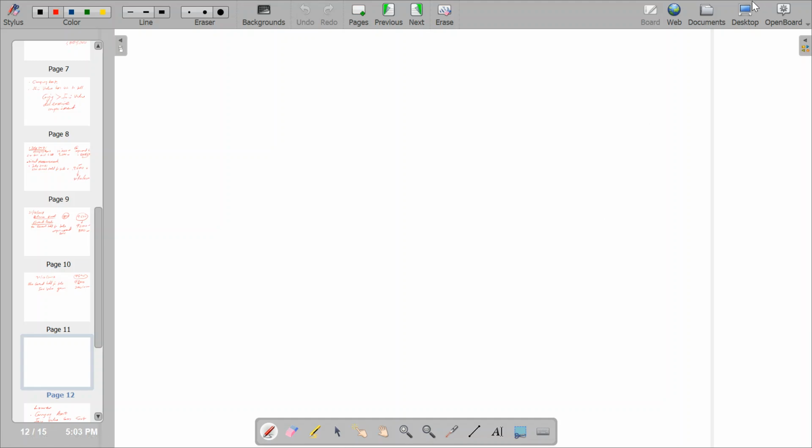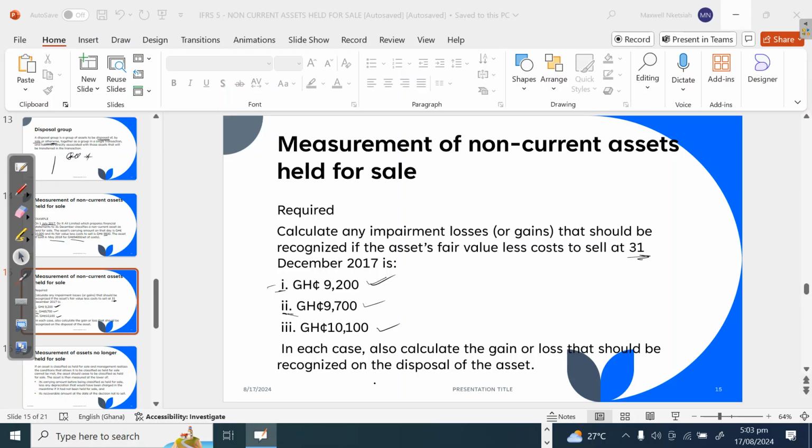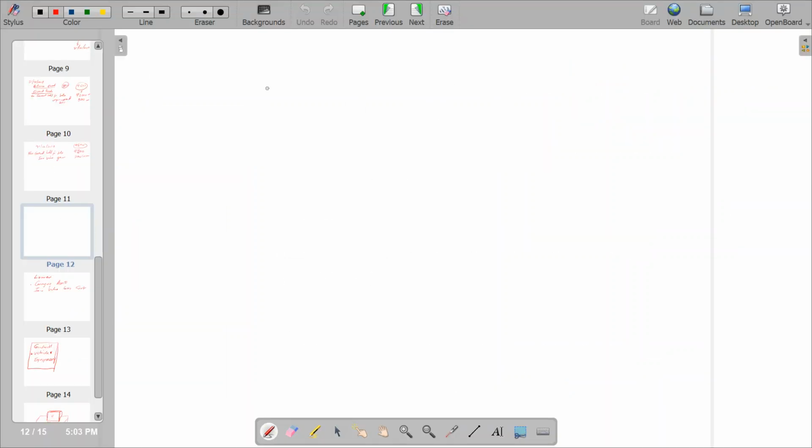Now let's look at the next scenario. 10,100. So 10,100 means the non-current assets held for sale will be in the balance sheet.